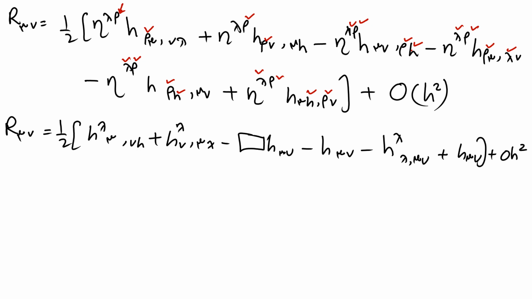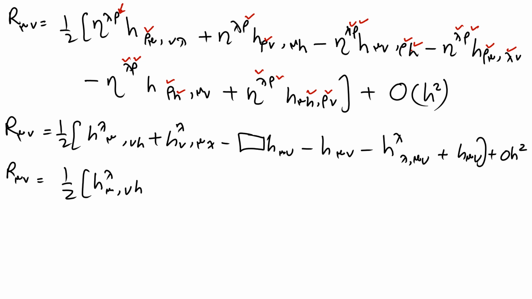In the book, the next equation, just above equation 6.4, let me write it again: 1 by 2 h mu lambda.